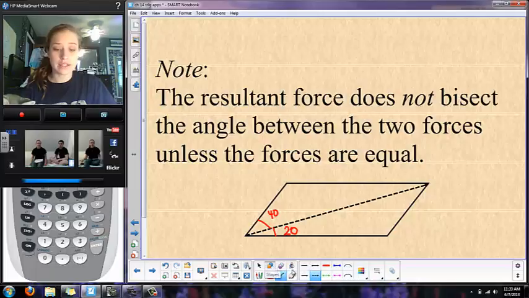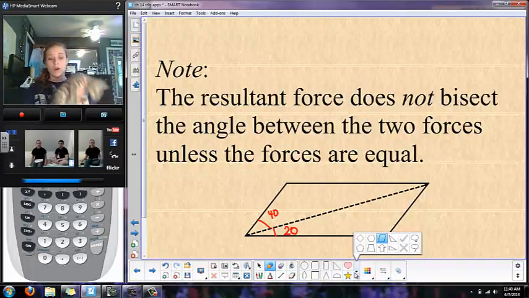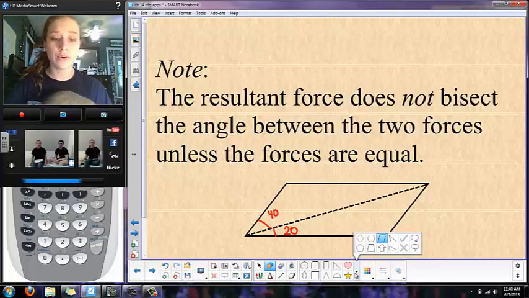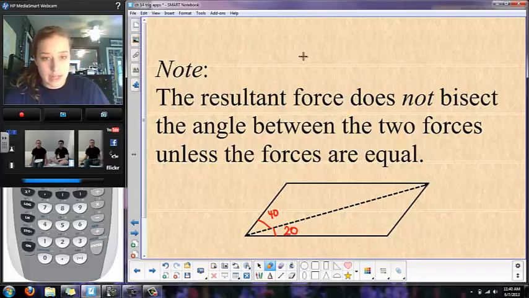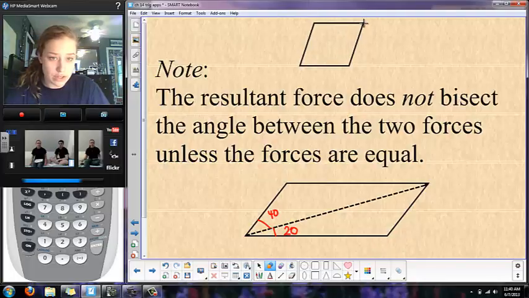You will, on the test, have one question, and I'm kind of giving you a heads up. One question in which you're not dealing with a parallelogram, you're going to actually draw a rhombus instead. And a rhombus is the same thing as a parallelogram, except all 4 sides are equal.